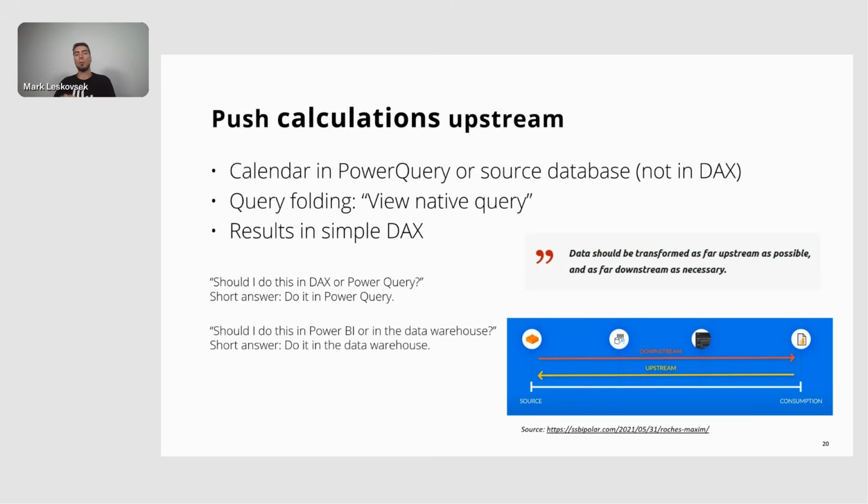Okay, so what then to do with a calendar dimension? Should you generate it in DAX or Power Query? Typically, it would be best to do it in Power Query or even at the source, much better than having it in DAX, as it then won't consume time to evaluate on every interaction.